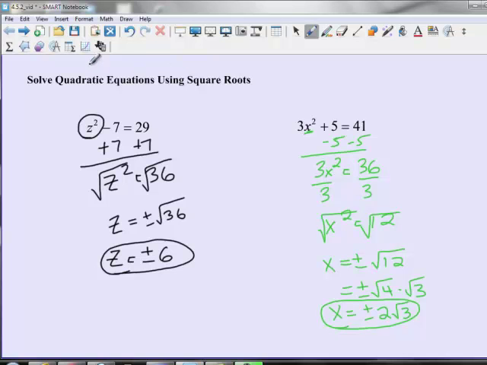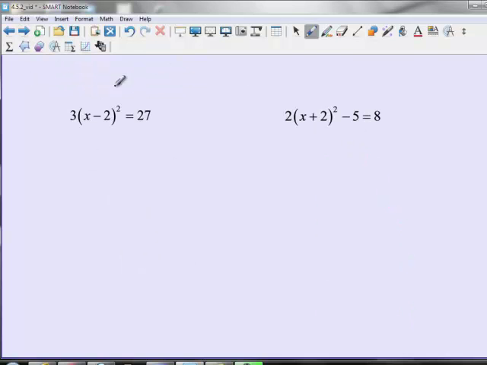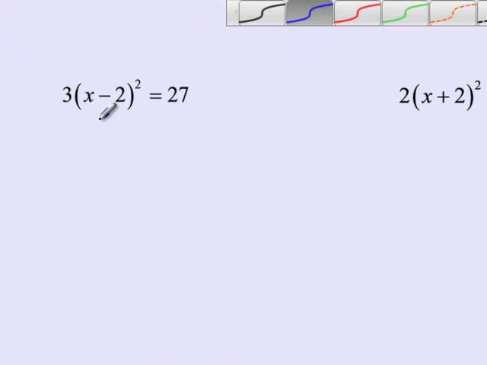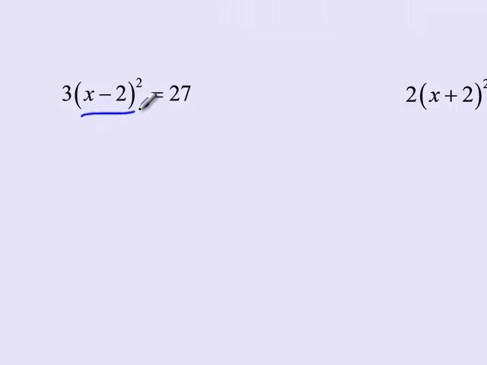Alright, now 2 more examples here. The first one is now kind of looking like vertex form or some of the equations that we had worked with before. But now the squared term is this part right here. So in order to get that by itself, I need to get rid of the 3. Since it's 3 times quantity x minus 2 squared, I'm going to divide both sides by 3.